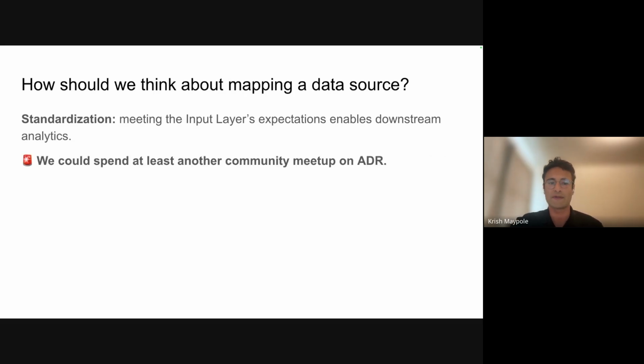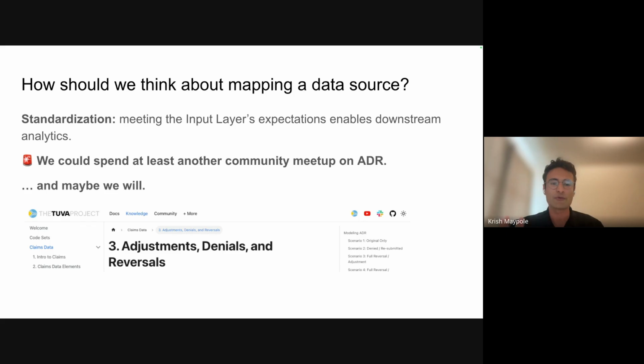And I also want to call out that we could probably spend another hour talking about ADR. So for the purposes of our talk today and this demo, maybe we'll talk about ADR in the future, but we're not going to talk about it today because it's probably like a gas and it'll just expand to fill whatever container we give it.